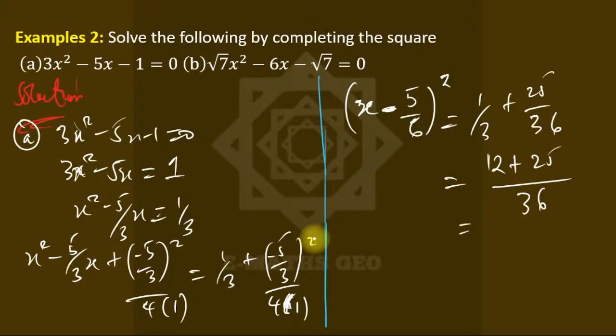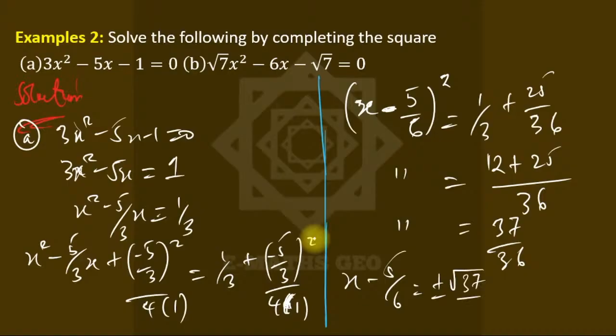So this is 37 over 36, remember the same. Now we move the square to the right hand side. So the square root is now plus or minus the square root of 37 over the square root of 36, which is 6.